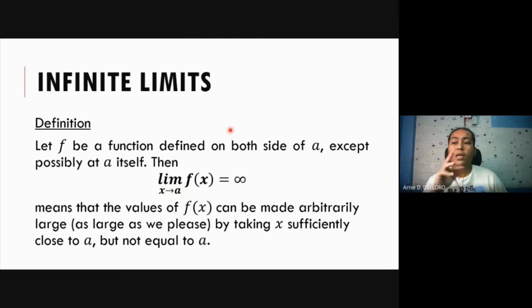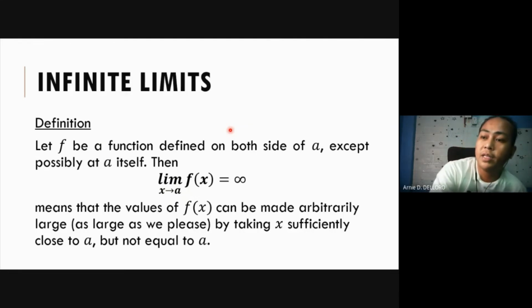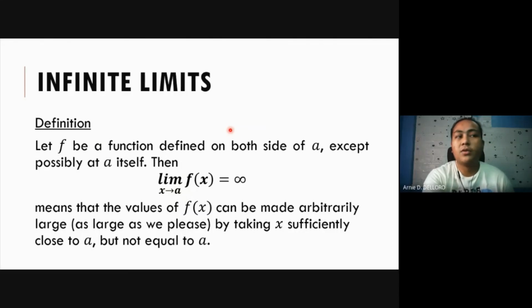Kasi kung hindi equal yung dalawang limit from the left and from the right, ibig sabihin the limit does not exist. Okay? Sige. So we have then the limit of f of x as x approaches a is equal to positive infinity or equal to infinity, meaning that the values of f of x can be made arbitrarily large as we please by taking x sufficiently close to a but not equal to a.